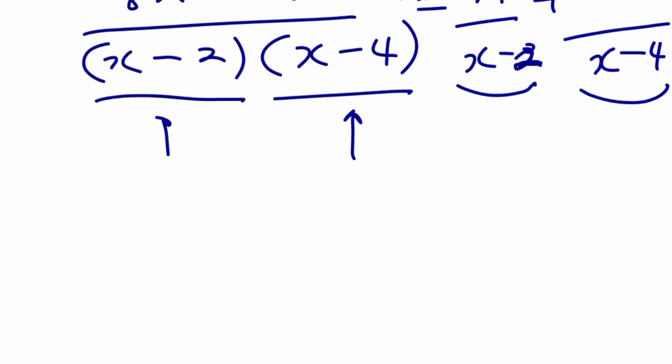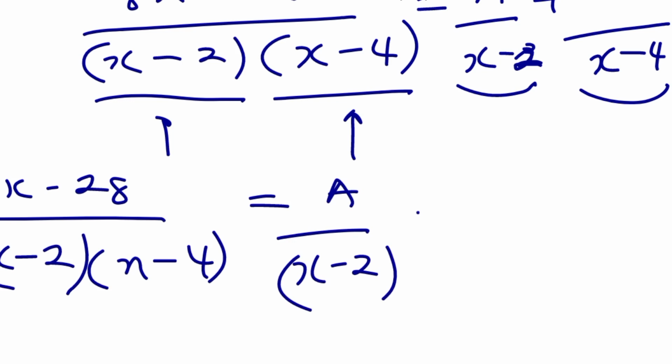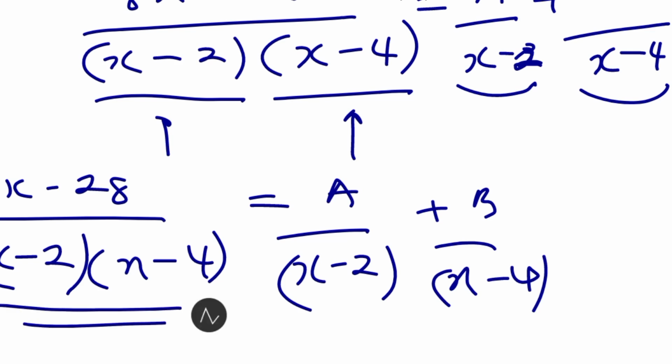So what we need to do here is keep simplifying. We know that the expression above, which is 8x minus 28 divided by x minus 2 and x minus 4, equals a over x minus 2 plus b over x minus 4, right? So for us to remove the denominator, we need to multiply through both sides by this same value so we can cancel it out.